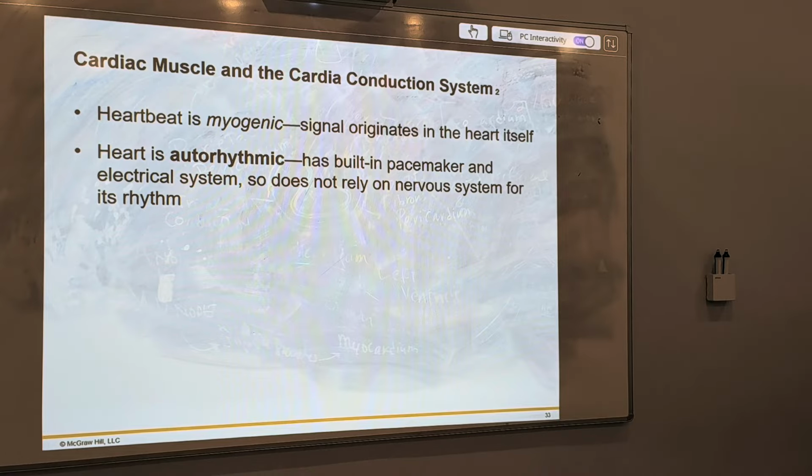Those nodes regulate the electrical depolarization, the stimulation that causes the contraction, the systole, of the chambers to pump the blood. The atria contract to make the blood flow from the atria into the ventricles, and the ventricles contract to allow blood to flow from the ventricles into the great vessels.